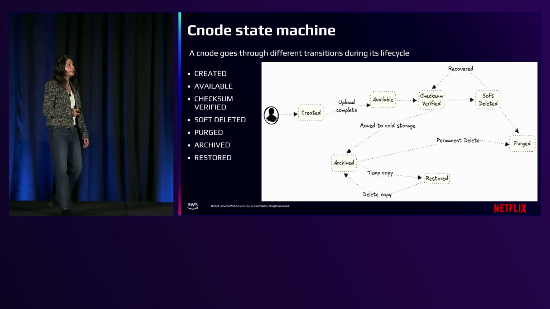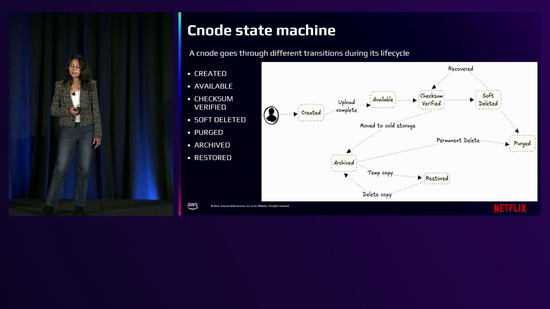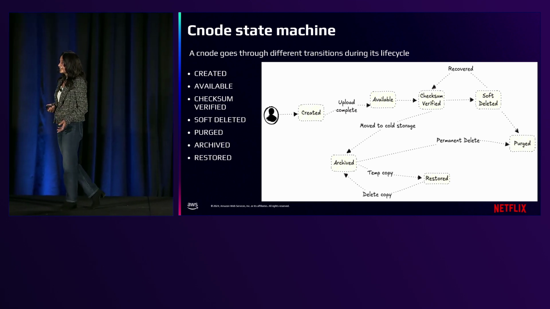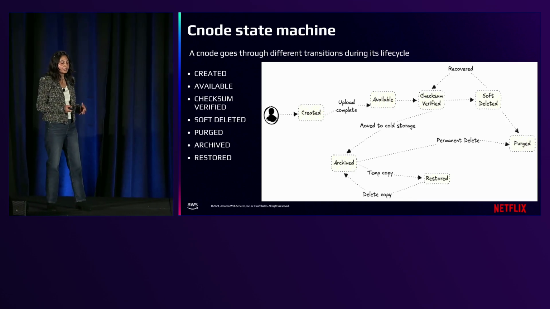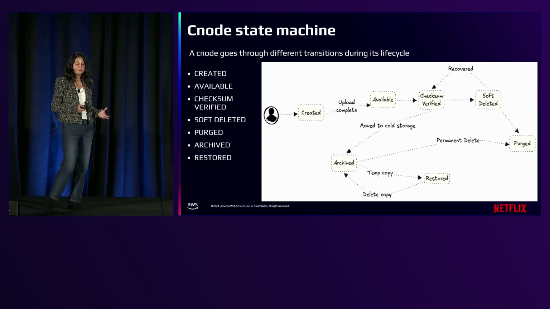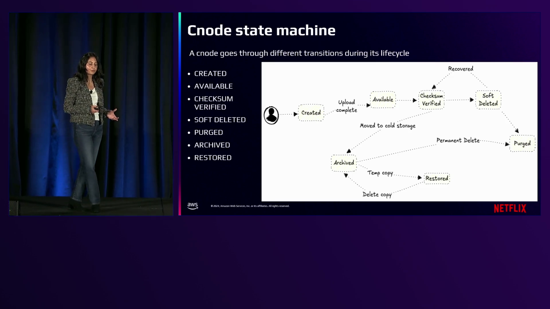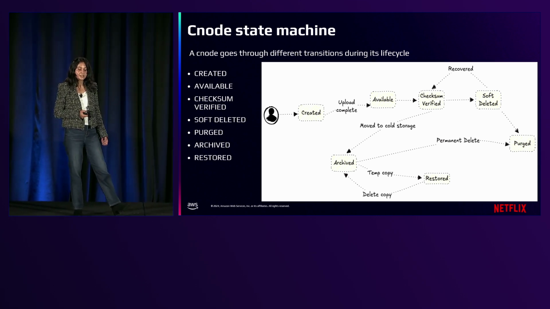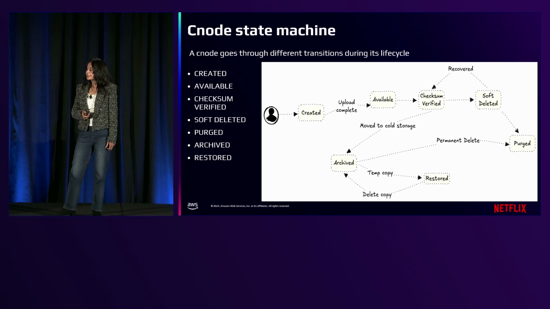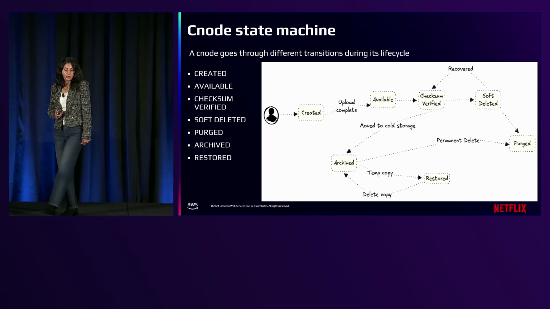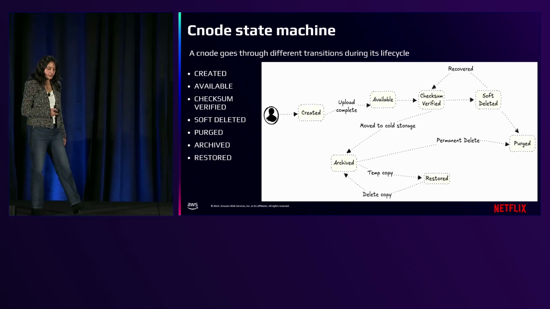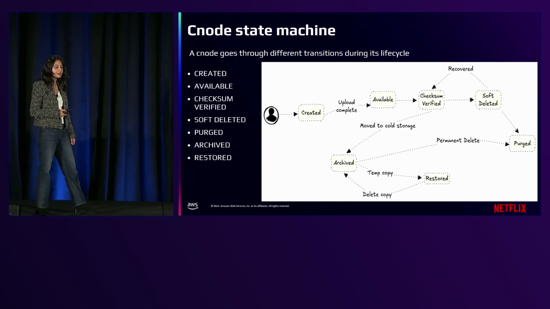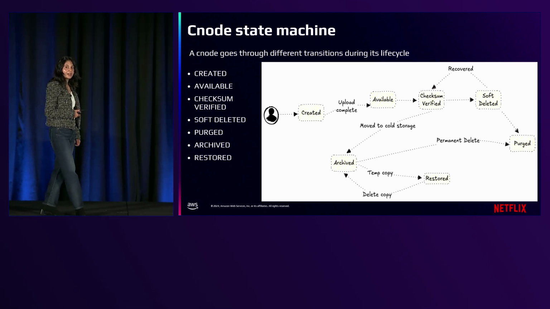Once the upload completes, it moves into an available state, and then internally when the checksums are created, it moves into checksum verified as the system verifies the checksums for files or folders in that structure. A C node can also get soft deleted based on user action, and a C node can also be recovered based on user action. So all these are APIs that are provided by Content Drive.